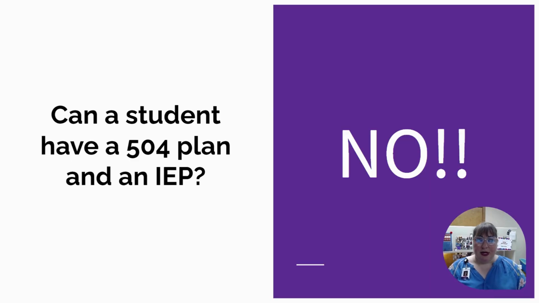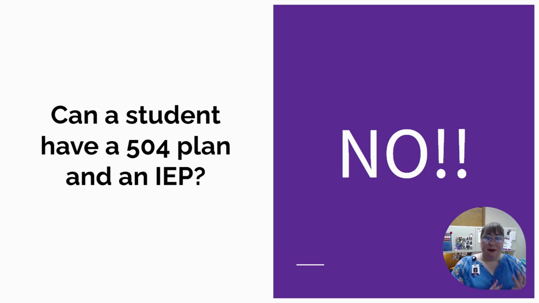Here's a question that we get asked a lot. Can a student have a 504 plan and an IEP? The answer is no. You can have one or the other. Typically, 504 plans are for students who are in general education. They have a disability, and as long as they just are receiving some accommodations, they're successful in the general ed setting.